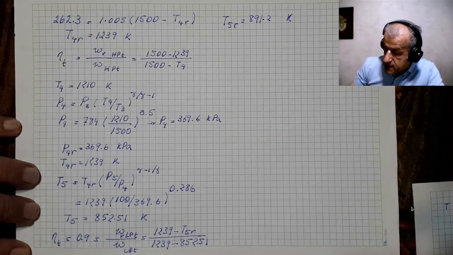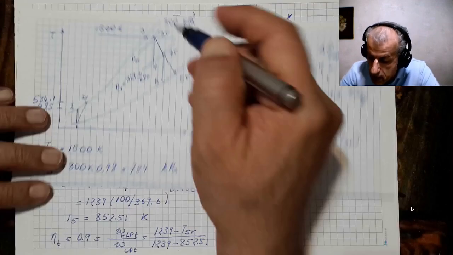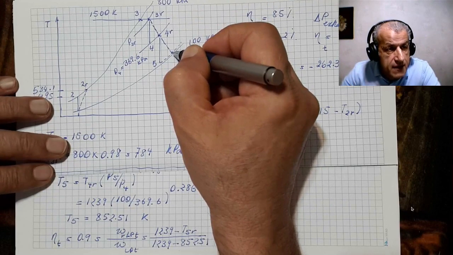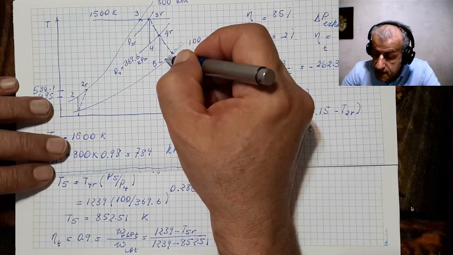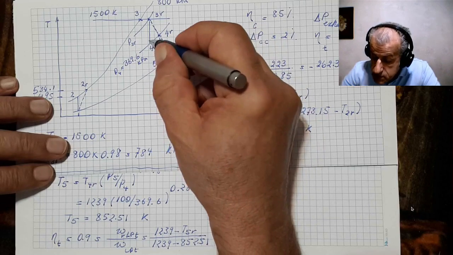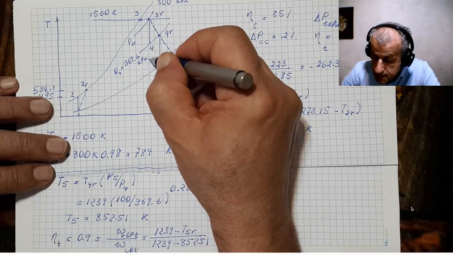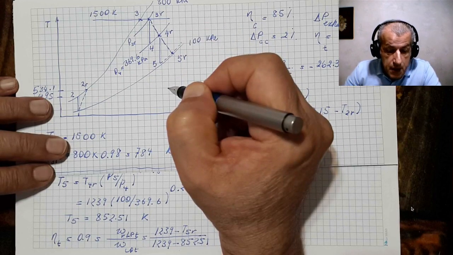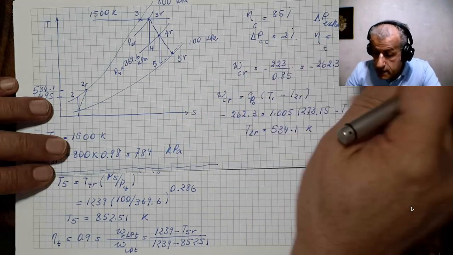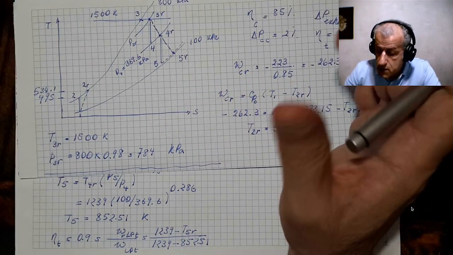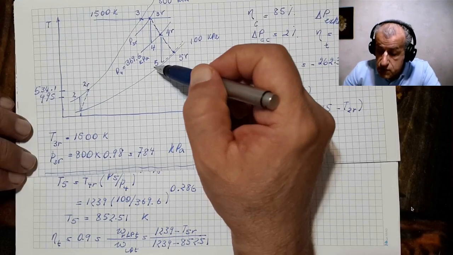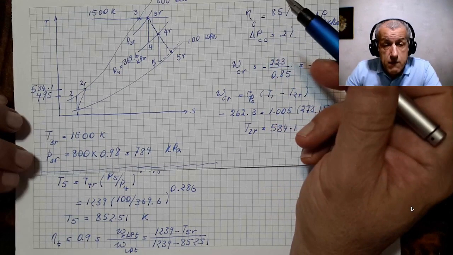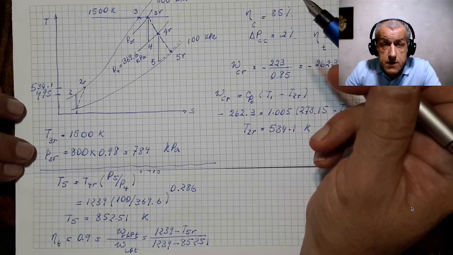Compare this T5R value with the value if it was an ideal expansion. It is also possible to write an efficiency for the overall turbine, and we usually do that in turbomachinery.